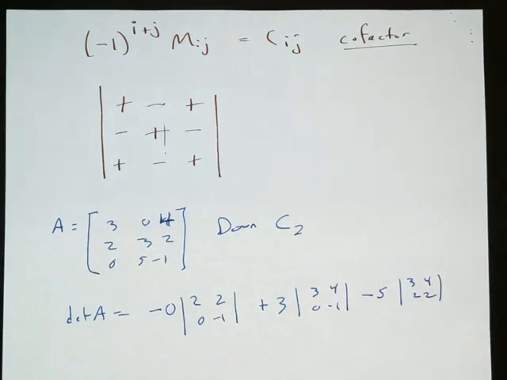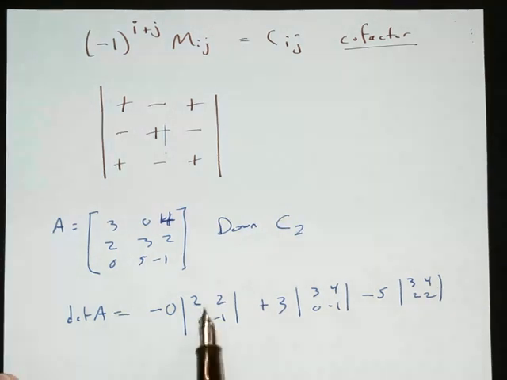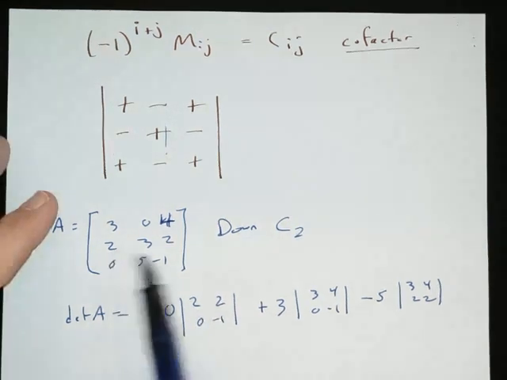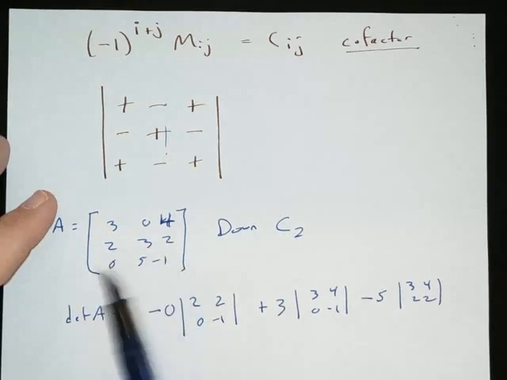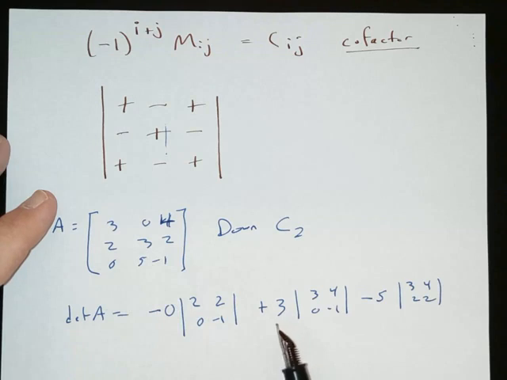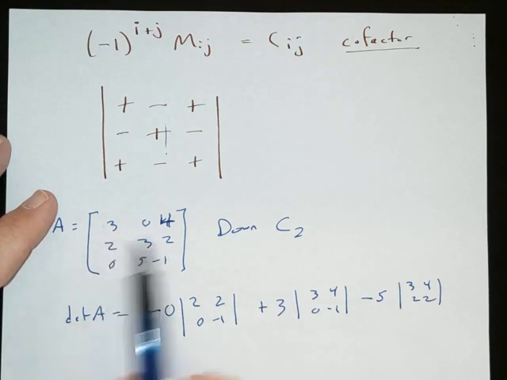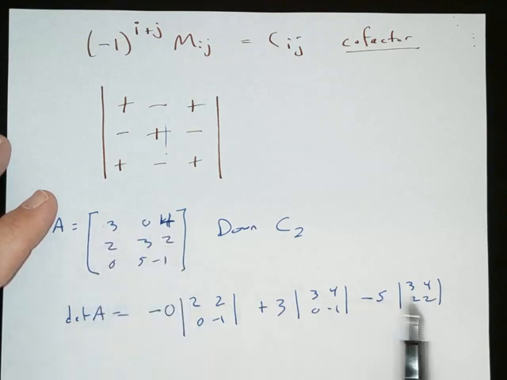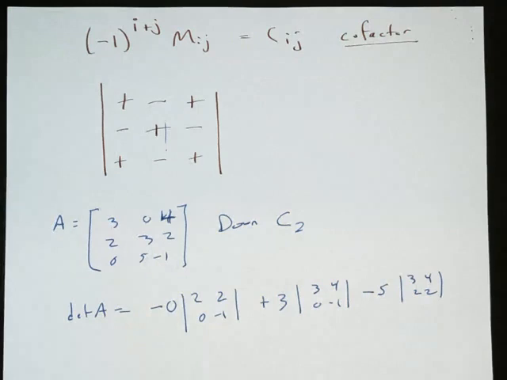To get each of the minors, I covered up that row and that column. So this is first row, second column. I was left with the outside 4 numbers in the bottom 2 rows. Here I covered up the second row, second column, so I was left with the outside corners. Here, bottom, so I got the upper 2 in the outside 2 columns, 3, 2, and 4, 2.